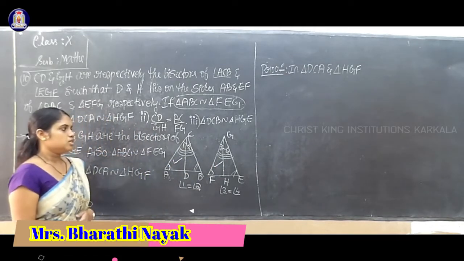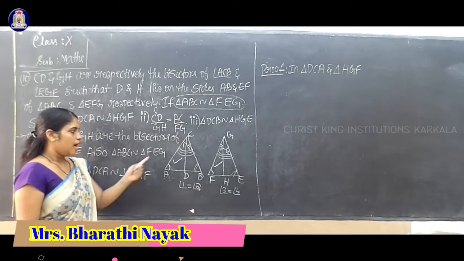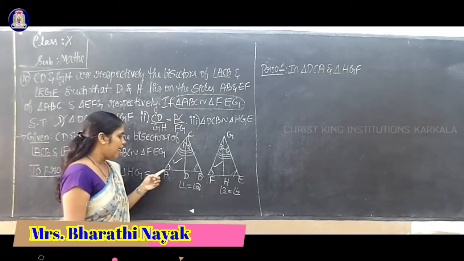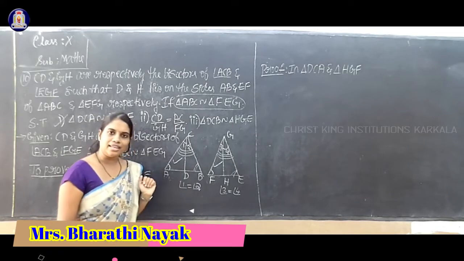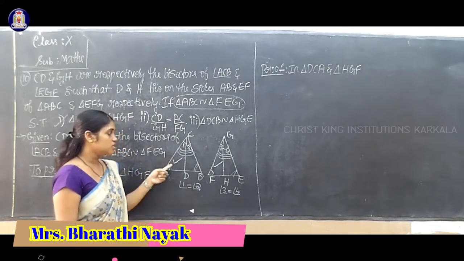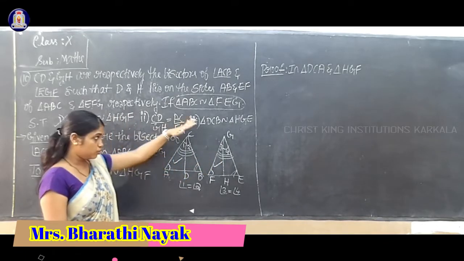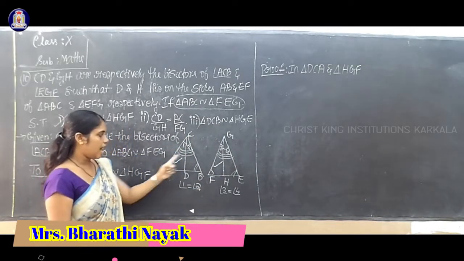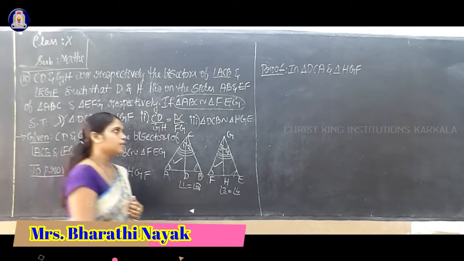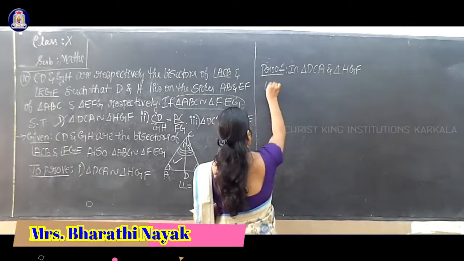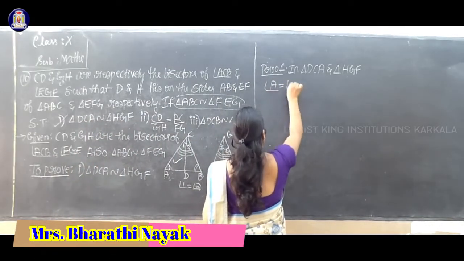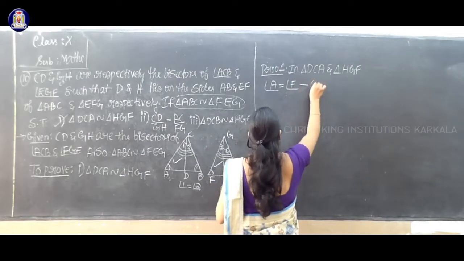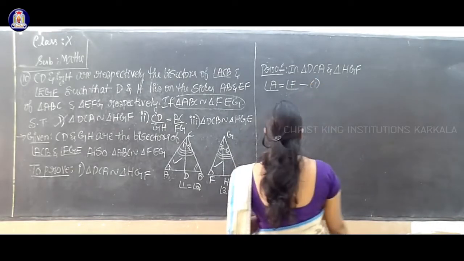Can you observe here, among these two triangles, angle A is equal to angle F. Why? Because ABC is similar to EFG. So can I say angle A is equal to angle F? First I will write angle A is equal to angle F, and I will consider it as equation number 1.